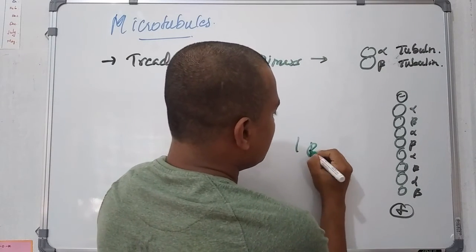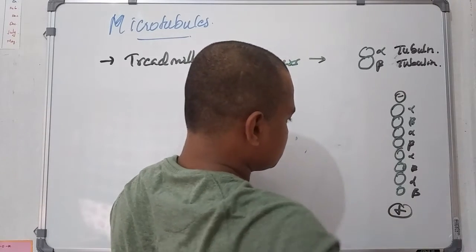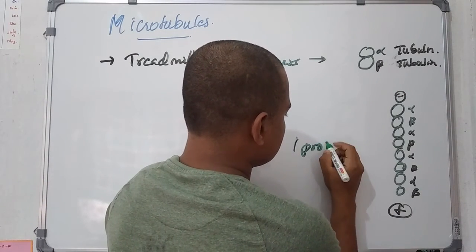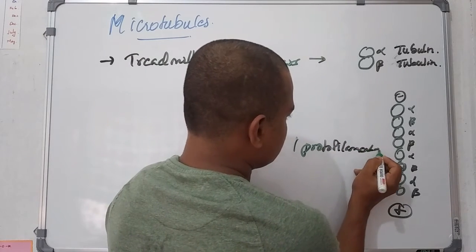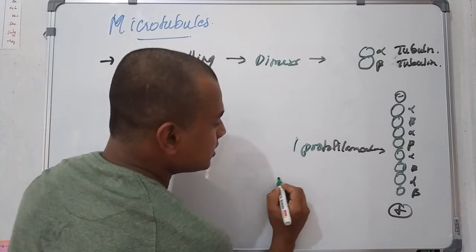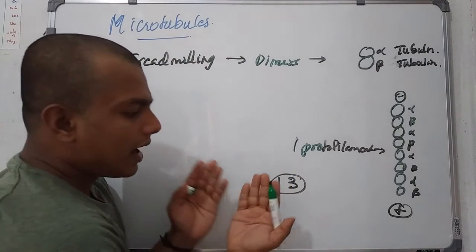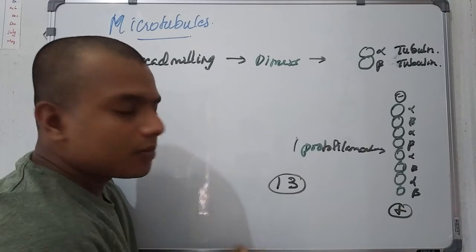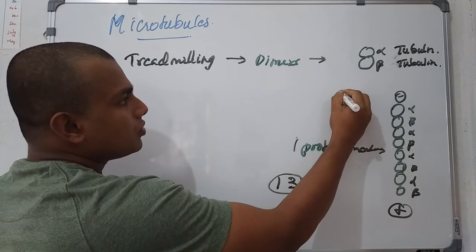This is one protofilament. Thirteen such protofilaments will come together and roll to form a tubule. This is the cross section of a tubulin.